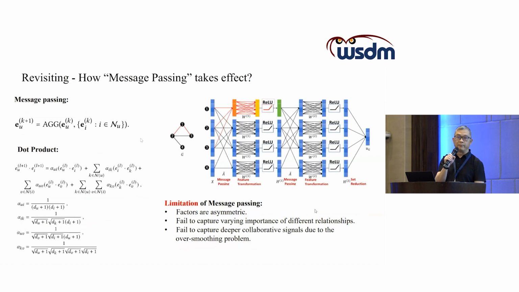The GCN approach mainly pulls together neighborhood information in aggregation for the node embedding, and needs to go through some very complicated dot product calculation to achieve that. The limitations of message passing are that the factors are asymmetric, they fail to capture the varying importance of different relations, and they fail to capture deeper collaborative signals due to the over-smoothing problem.